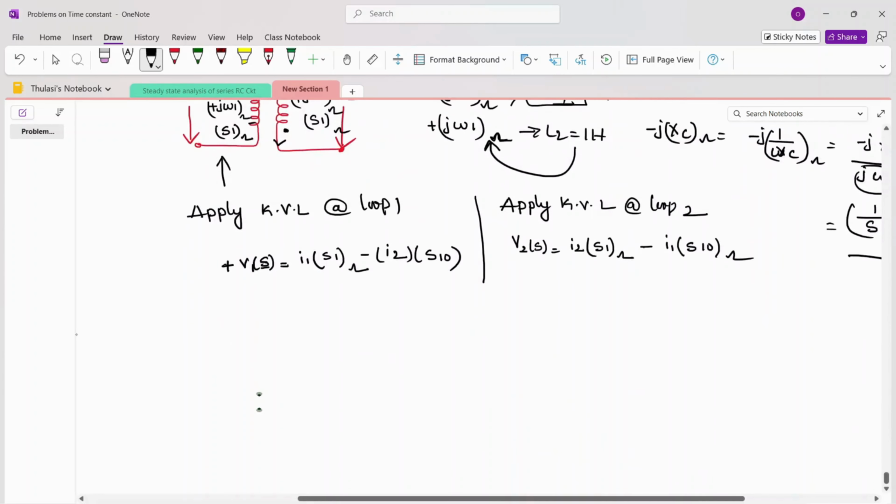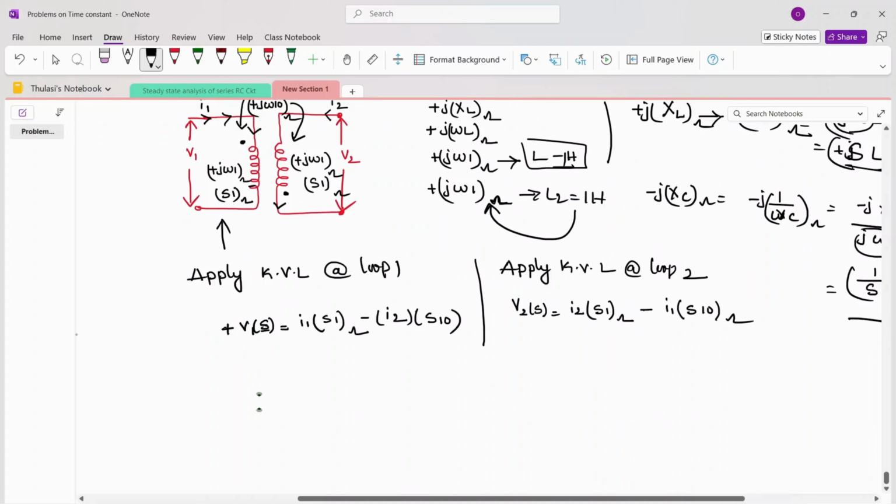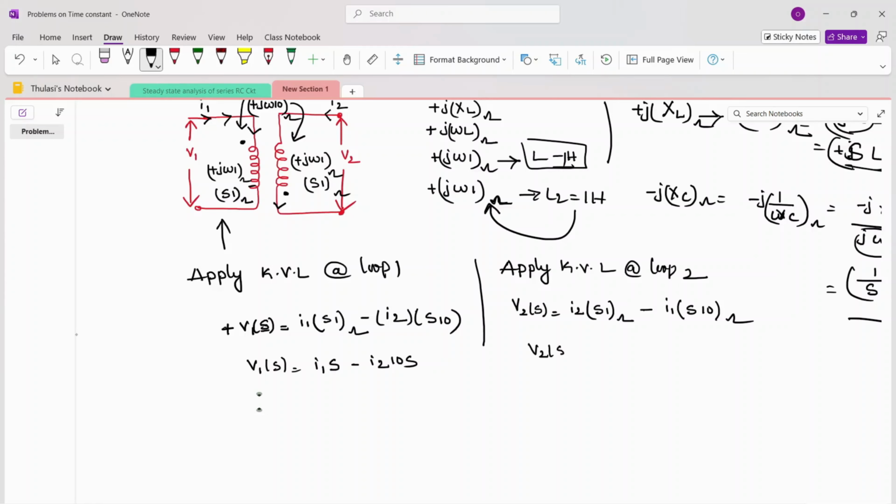So this is how to write it. Let's write it in the standard form. V1 of S is equal to I1 S minus I2 into 10S. And V2 of S is equal to I2 into S minus I1 into S into 10.